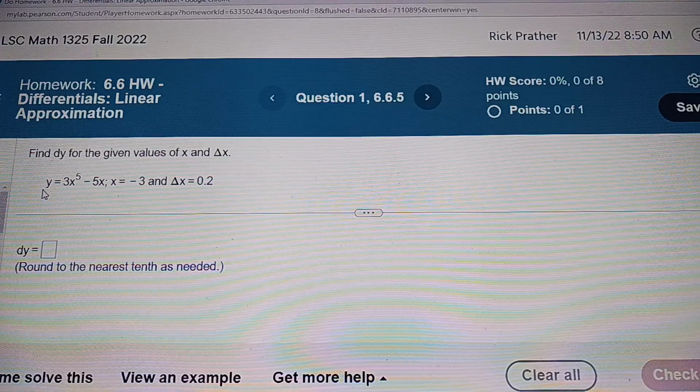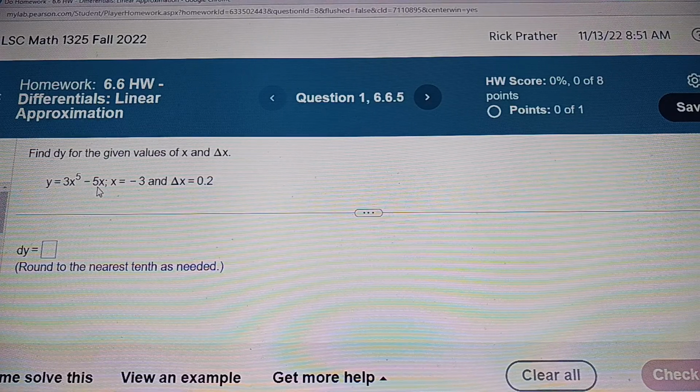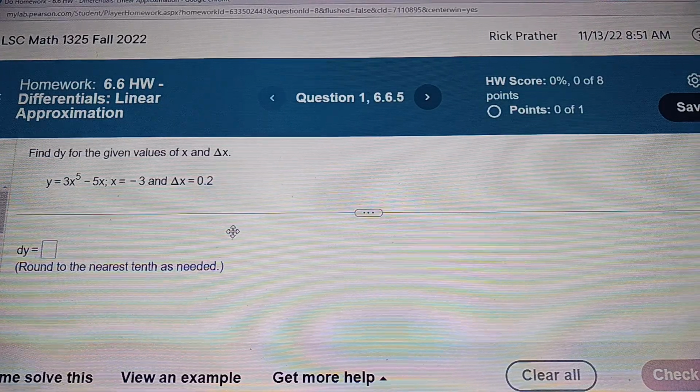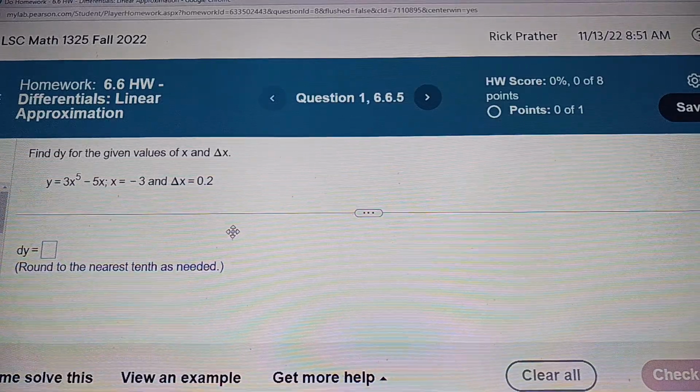So y equals 3x to the fifth minus 5x. We have a polynomial function. And then we want to get exactly at the spot x equals -3. And then what if we increase x by 0.2, or we can even do smaller and smaller values of it.